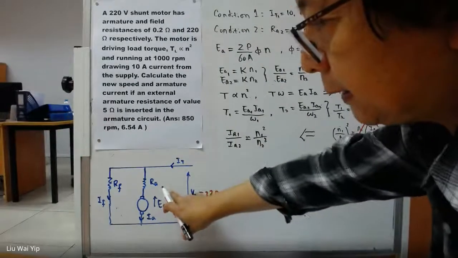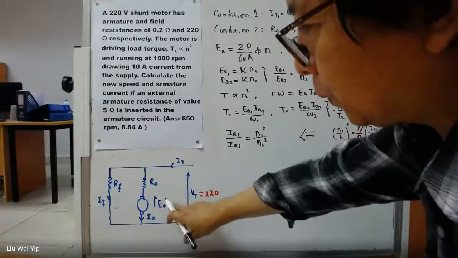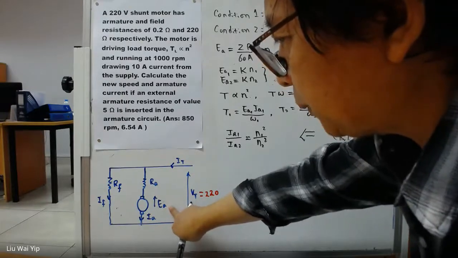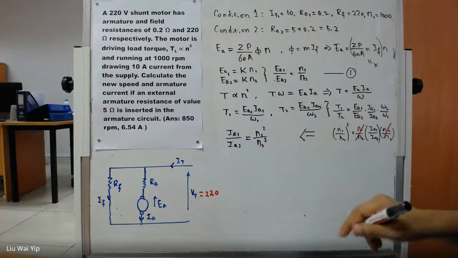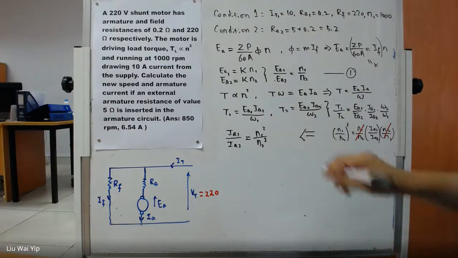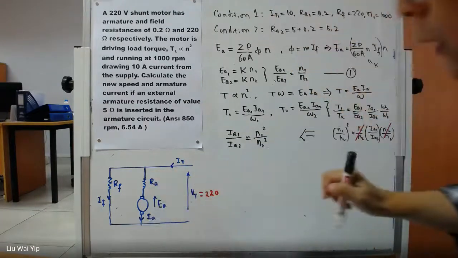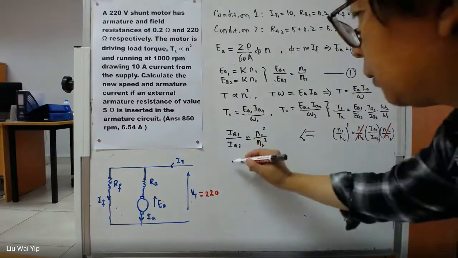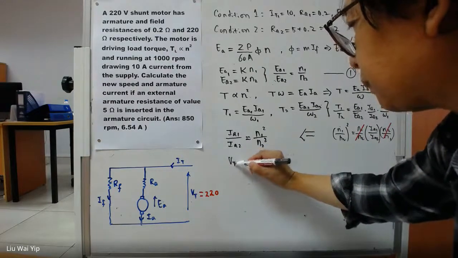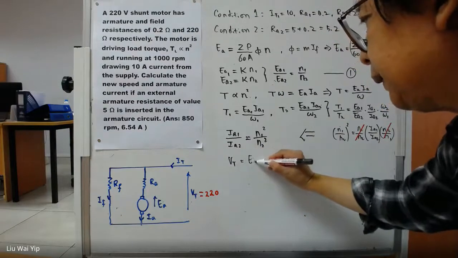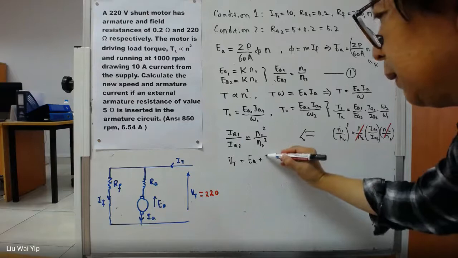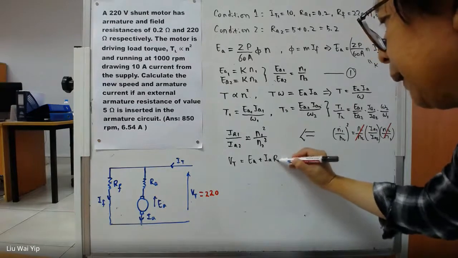VT is essentially the summation of the armature voltage and also the voltage across the armature resistance, which is the parasitic resistance. So VT is EA plus IARA.